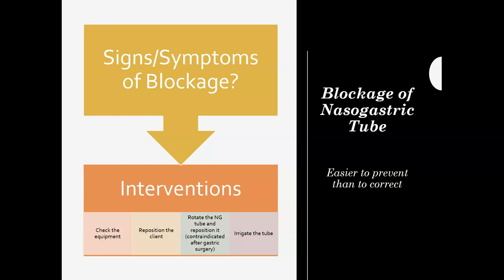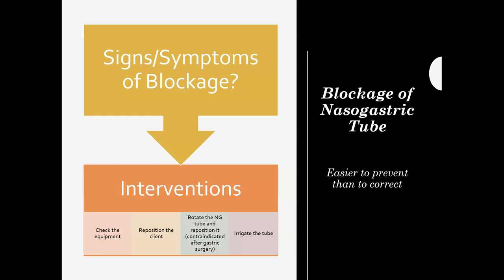If the patient's had some kind of gastric surgery, so surgery on their stomach, then we have to be very careful with NG tubes because we don't want to poke in sutures or anything like that, cause them to bleed or do anything with any of the integrity of what's been sutured. So if your patient comes up with an NG tube after gastric surgery, we're not going to do a lot with it unless a physician gives us an order to, okay?